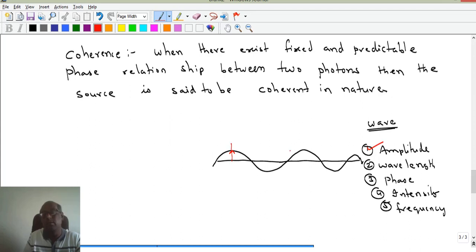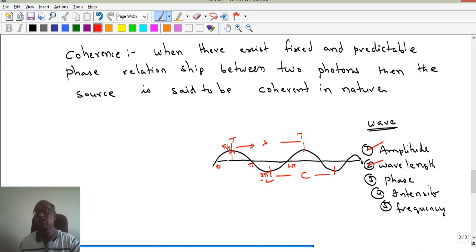And already we mentioned wavelength is the distance between two adjacent troughs or two adjacent crests. This is what we call wavelength. Phase means, for this wave it is 0, pi by 2, pi, 3 pi by 2, 2 pi. So we can even talk about the phase of a wave in terms of these.